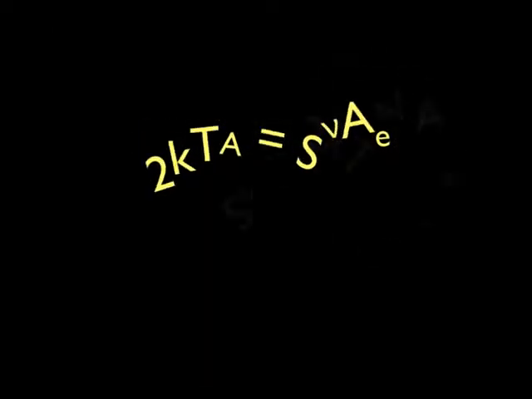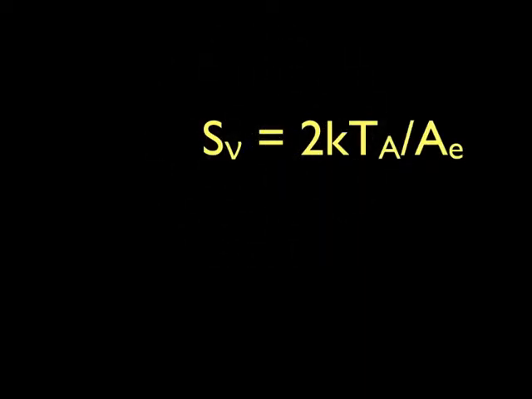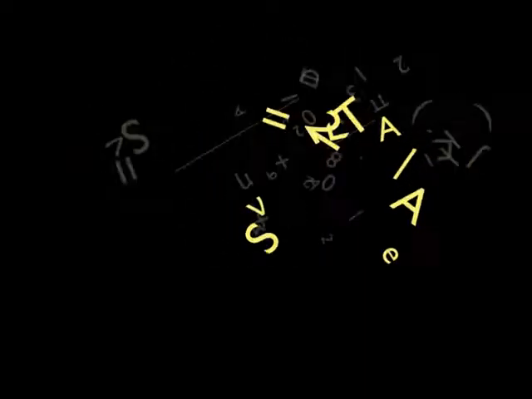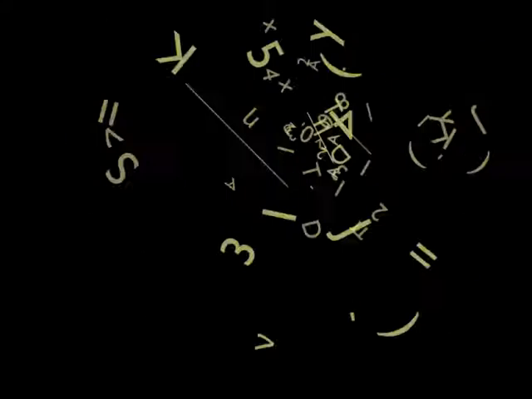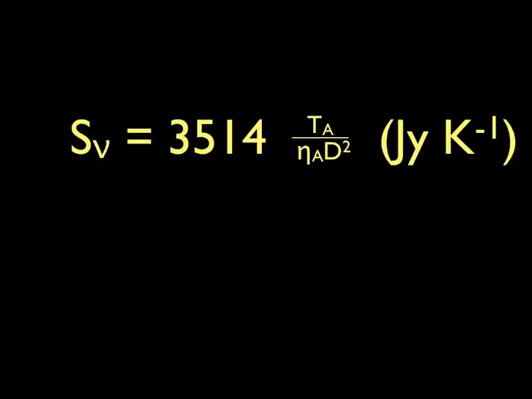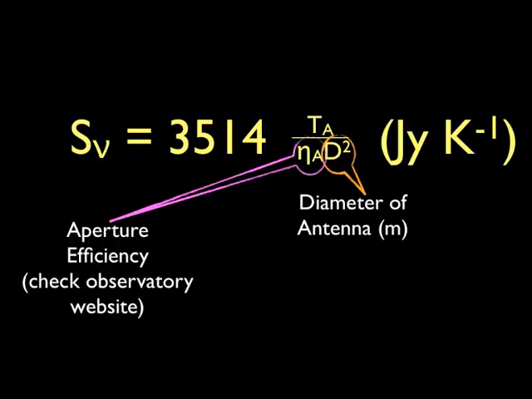Armed with this approximation, we're now ready to convert our integrated intensity into a flux density. Plugging in the appropriate values and constants, the conversion factor simplifies to this, where D is the diameter of the single-dish telescope in meters, and eta sub A is the aperture efficiency. Let's try an example.